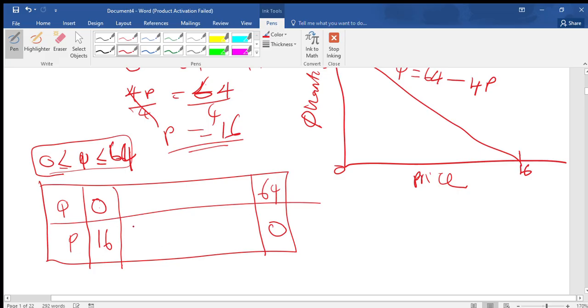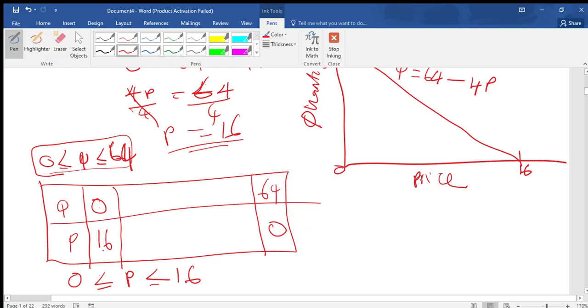And for the price, obviously, since the final price is 16, which is the highest price, the interval we can use is P less than or equal to 16. So maybe if you are using a scale of 4 units, 4, 8, 12, 16 and so forth, you'll be able to break it down in that manner.